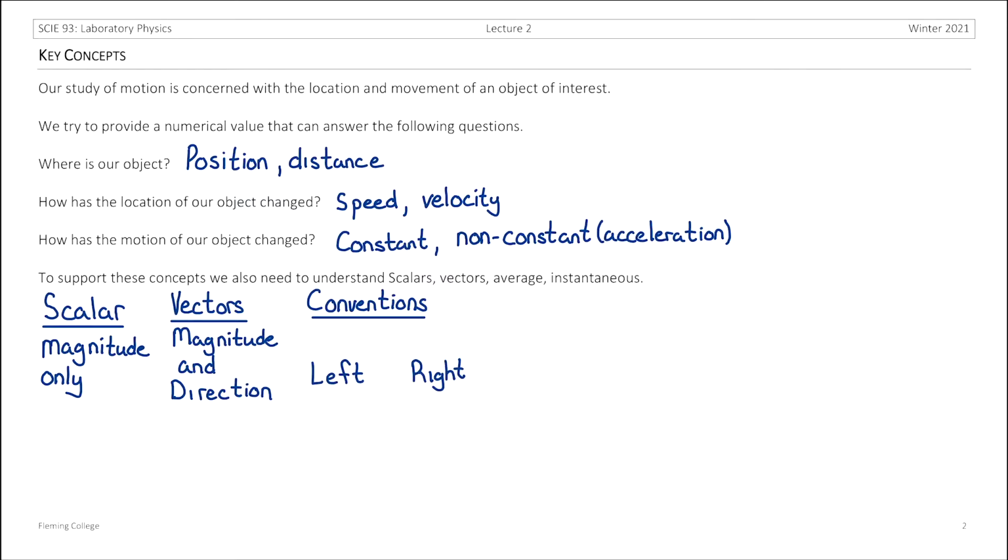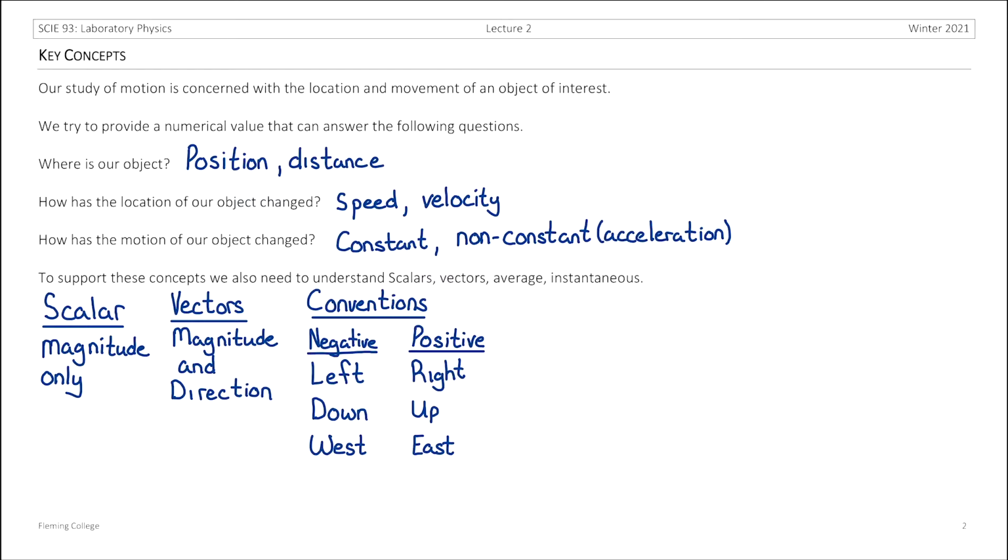Similarly, you can be moving down or up, west or east. And when we want to do calculations that involve direction, we apply the convention that left, down, and west are negative values, and right, up, or east are positive values.